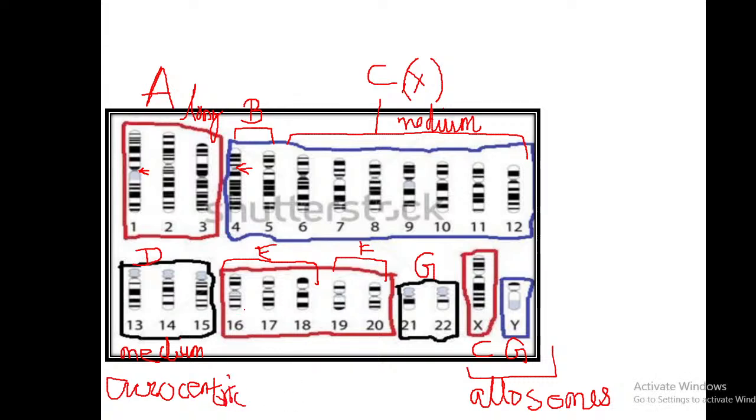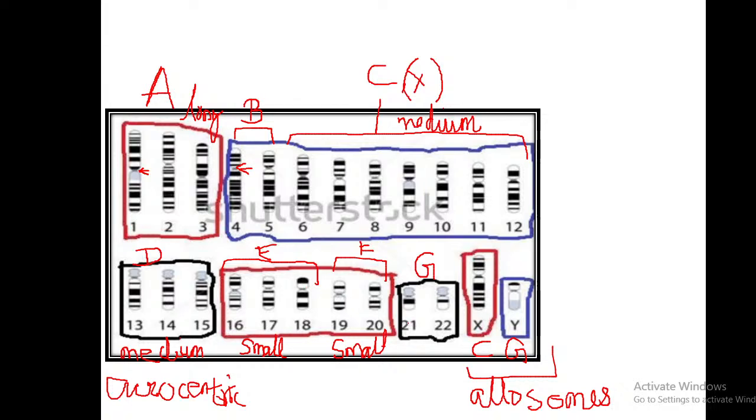Then E and F. E are small chromosomes. Then F is also small. This is metacentric and submetacentric. These are metacentric and this is a submetacentric chromosome.